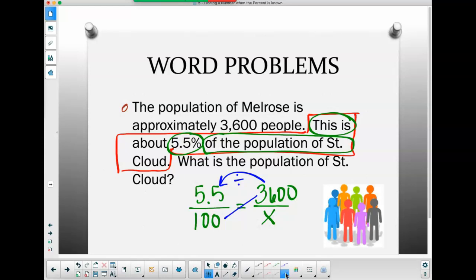So we would not have a decimal. We would round to the nearest whole person. So it would be 65,455 people. Okay, because we're going to round the decimal as a 5, that rounds up. Does that make sense to everyone? We don't want partial people. Doesn't work like that.